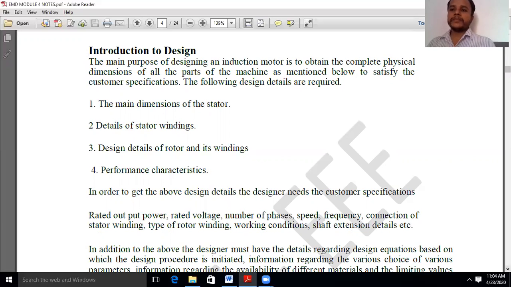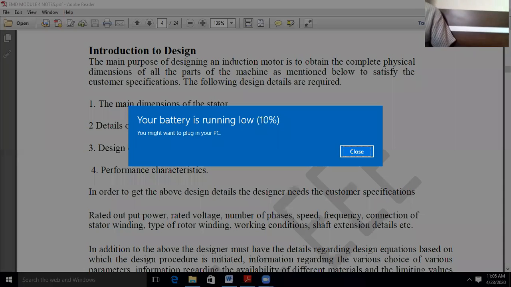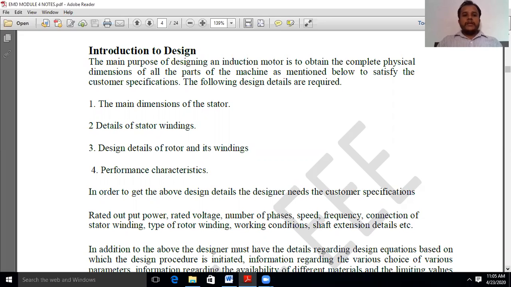These are the main design details. First, the main dimensions of the stator.